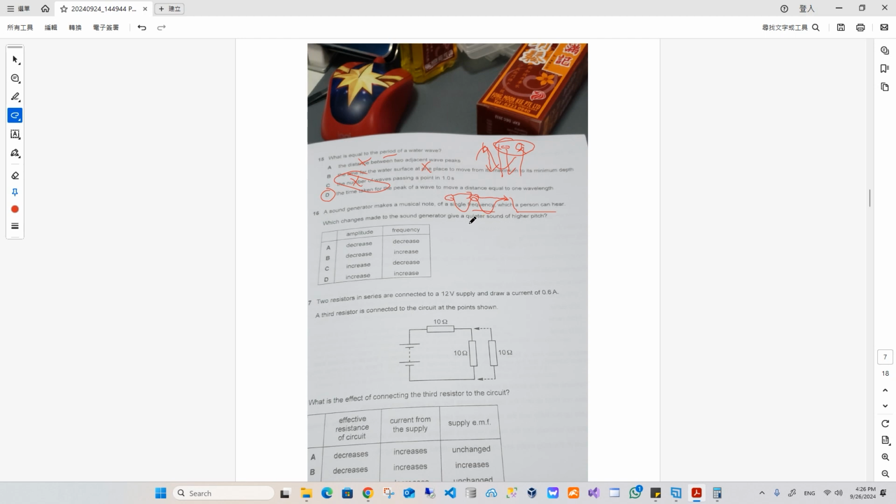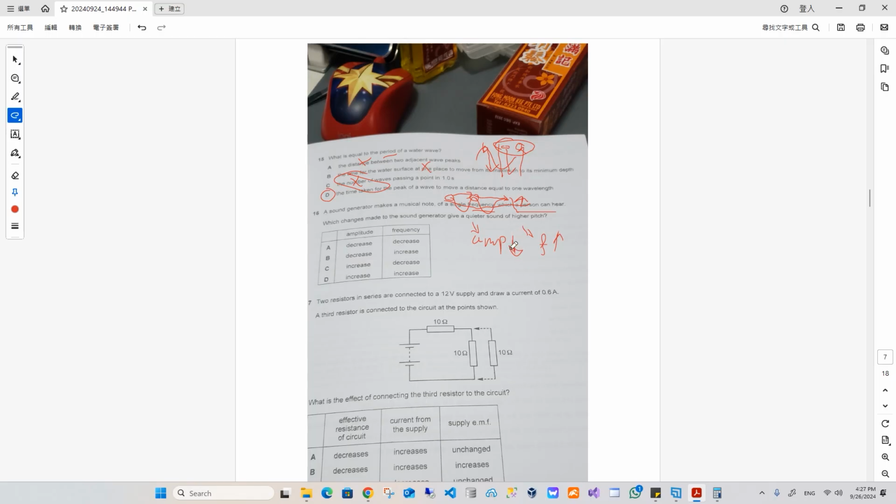Quieter sound means the amplitude, the maximum swing of the wave. The more, the louder; smaller, softer. Higher pitch means frequency increase, amplitude decrease will be quieter.